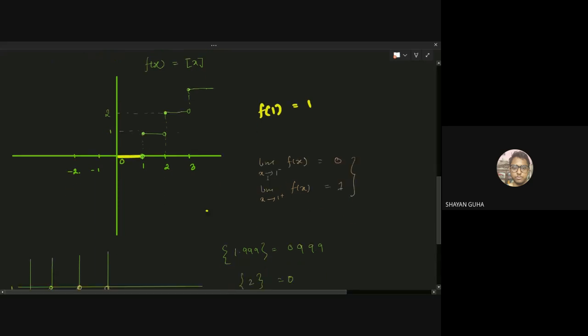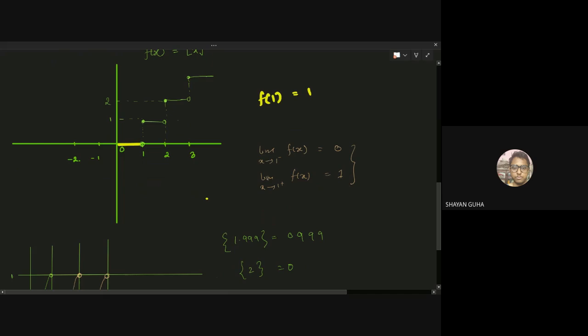So the conclusion is basically that the box function is discontinuous at integer points.